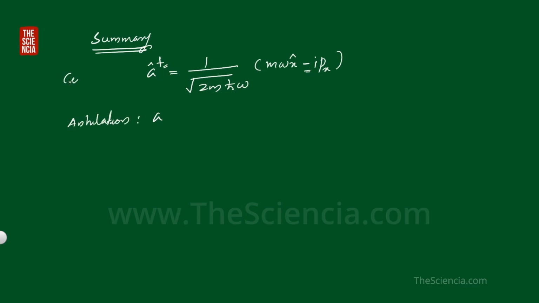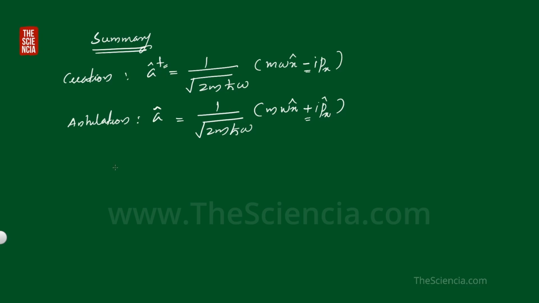This is creation; creation has the dagger and annihilation doesn't have the dagger. The annihilation operator is 1/√(2mħω) into (mω x cap + i p_x cap). If there is no dagger, it will be plus.